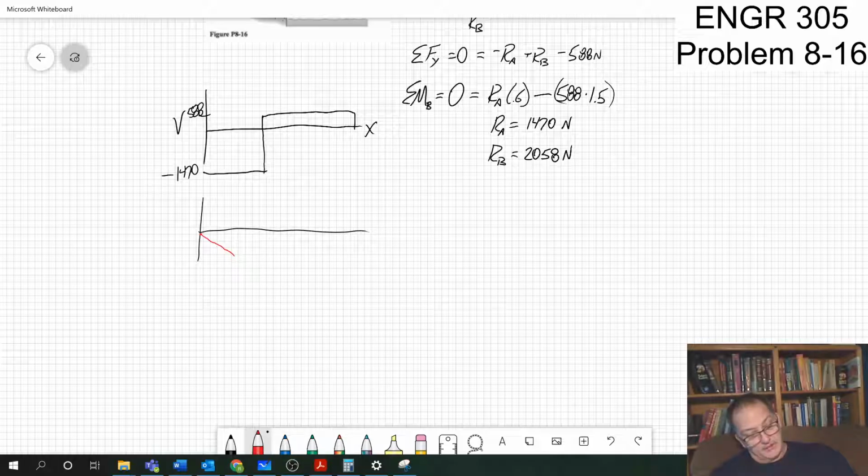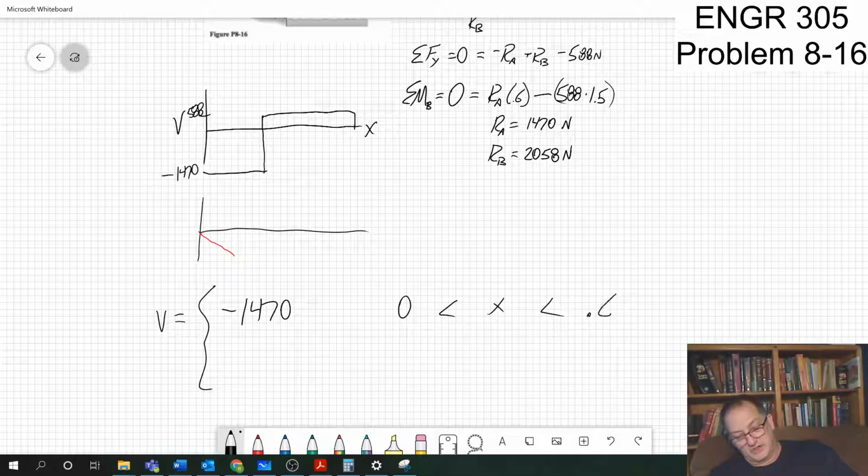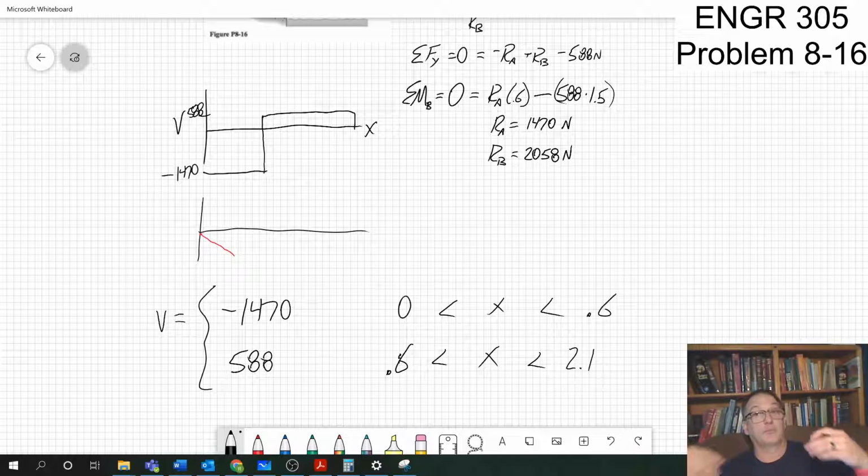My shear, in black, I'm going by the black, is equal to minus 1470 for x's between 0 and 0.6 meters, and it's equal to 588 for x's between 0.6 and 2.1 meters. 2.1 because it's 0.6 plus the 1.5.